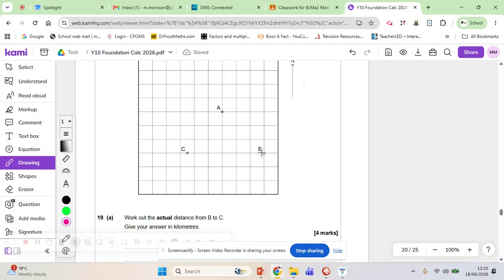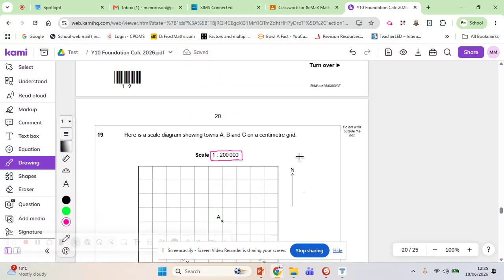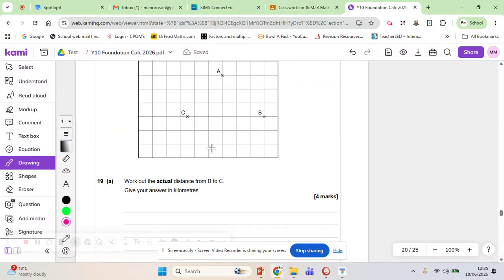So first of all, we're going to have to measure this distance. Now it is on centimetre grid, because it tells you that at the top. So therefore each square is worth 1. So 1, 2, 3, 4, 5, 5.5. So it's 5.5 centimetres.